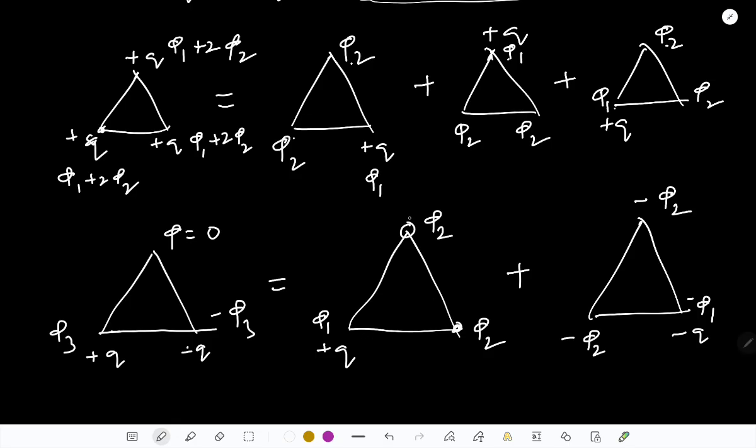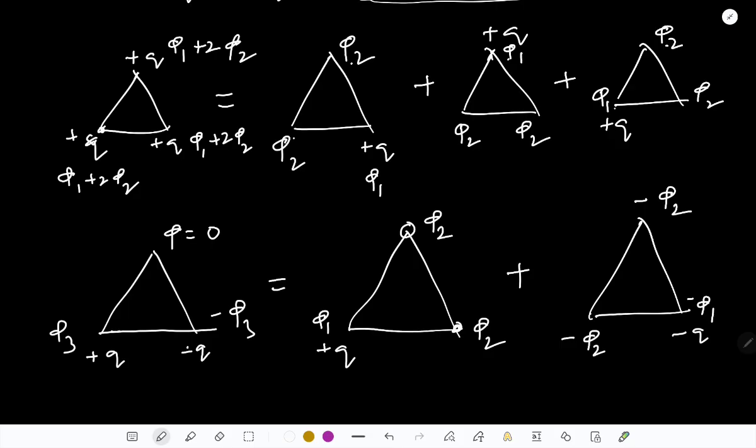You can see the similarity between them. If I put a charge q here, this potential is going to be phi 1, and these two positions are empty positions. Empty means there are no charges there, so their potential will become phi 2 each. And if I put the same thing here, charge minus q, I can take its potential as minus phi 1, so these two positions will have potential minus phi 2.